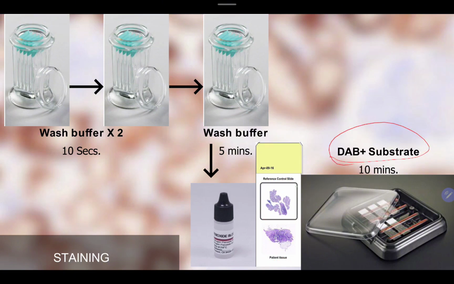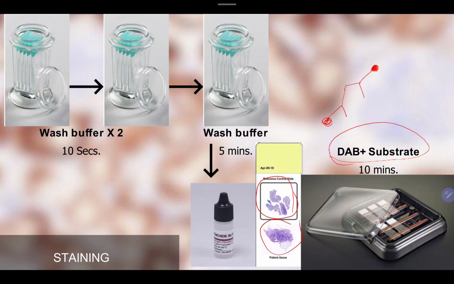The DAB substrate will give color if positive, or if the primary antibody attached to something. Once again, if our sample is positive, if this is the target antigen, the primary antibody will attach. And then the enzyme HRP will attach.